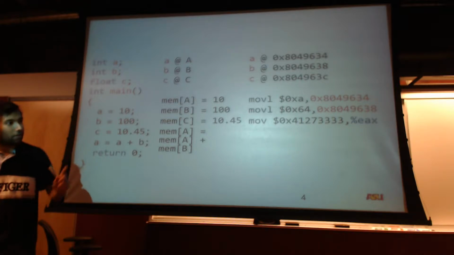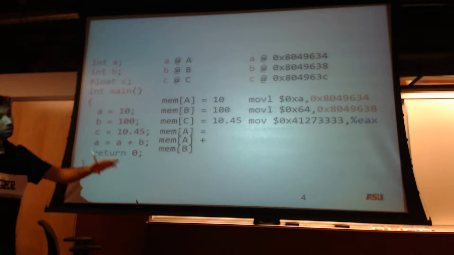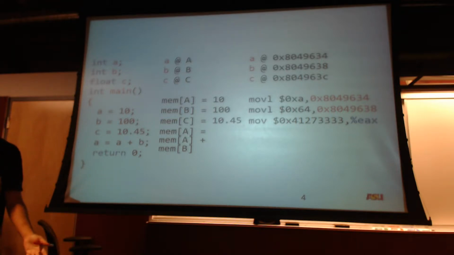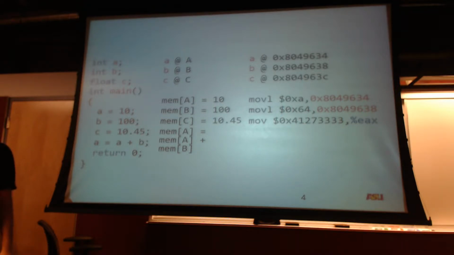Right? That value 0x41273333. What is that? It is the IEEE 754 representation of the value 10.45. It's the representation of float numbers. Right? So that is the representation of 10.45.